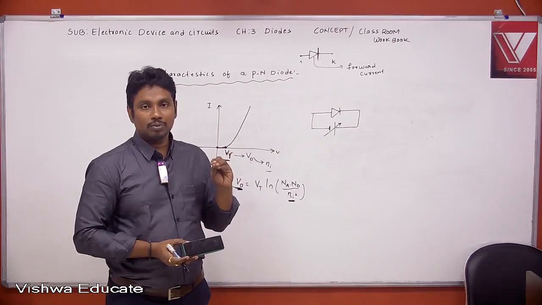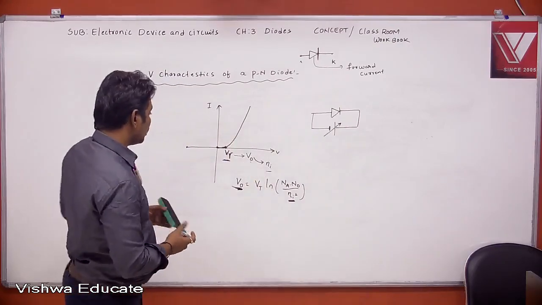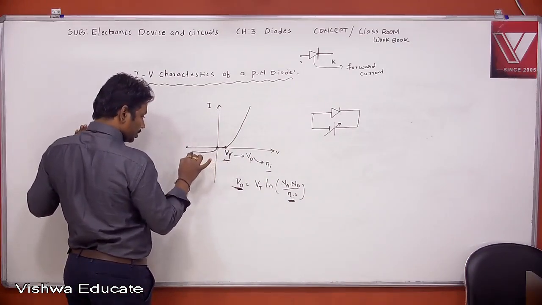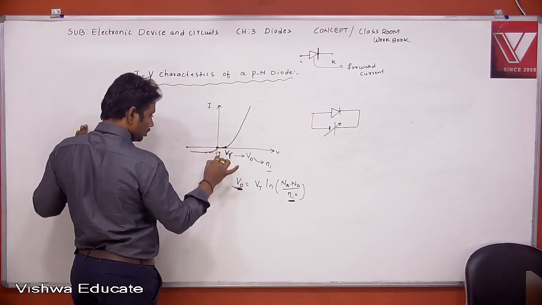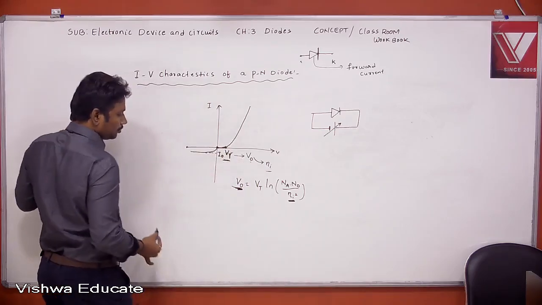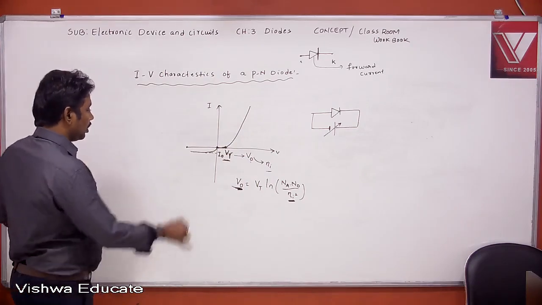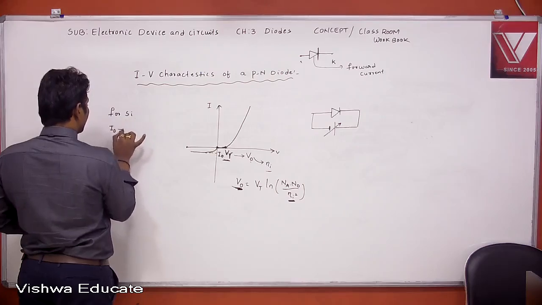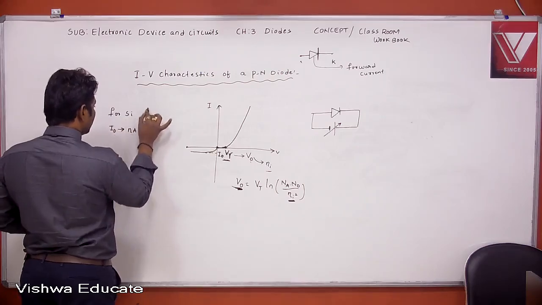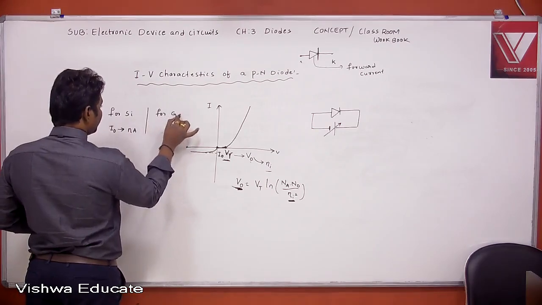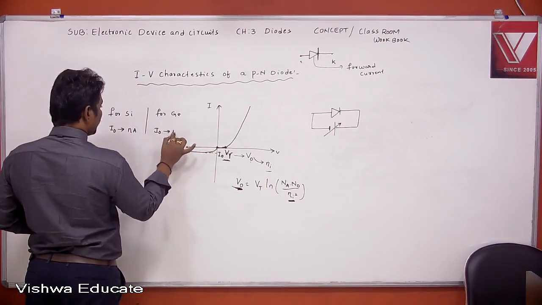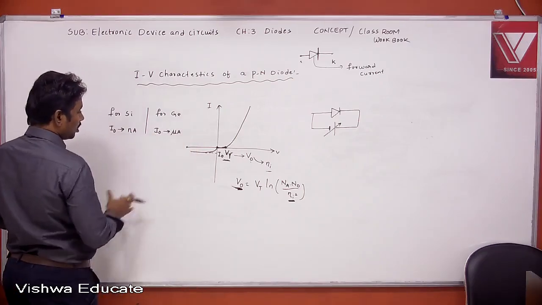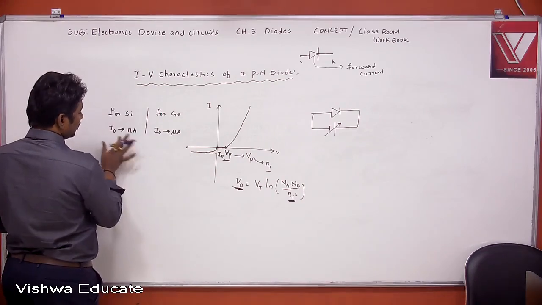This current is called the reverse saturation current, almost constant and negligible. That current is I naught. For silicon, this reverse saturation current is of the order of nanoamperes, and for germanium, it is of the order of microamperes. Why does germanium have higher reverse saturation current than silicon?